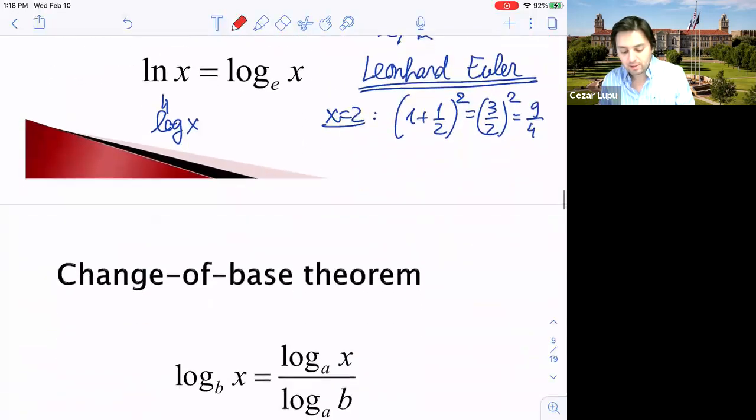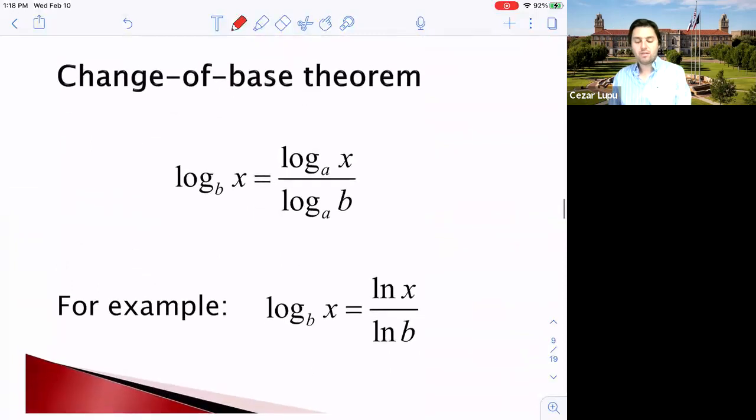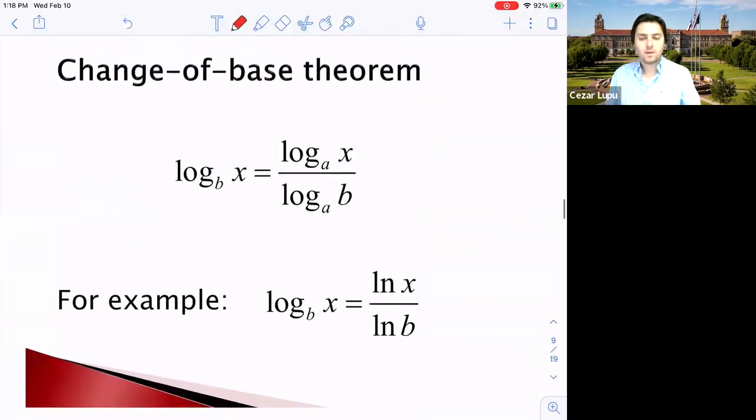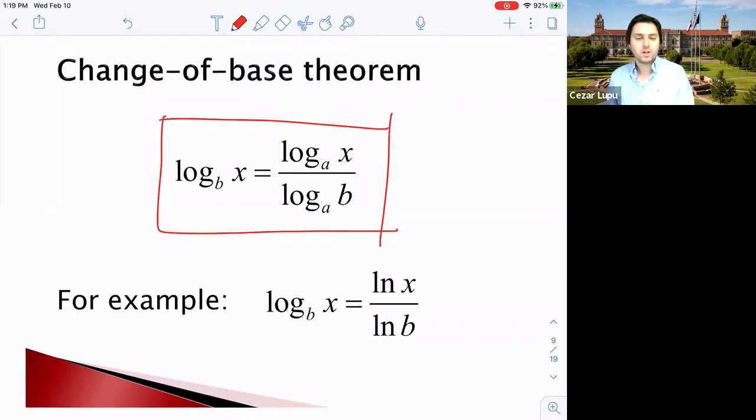All right, now let's see, how do we change the base? We'd like to see how we can change the base. The first one is what we call the change of base formula or theorem, whatever you want to call it. Suppose you don't like the base you're working on and you would like to change to another base.